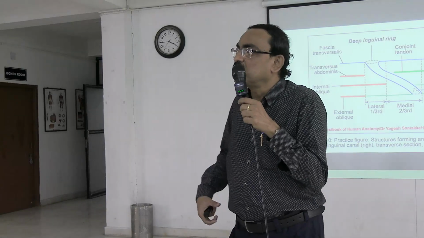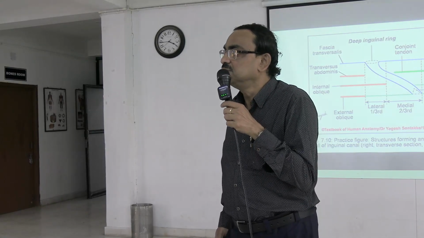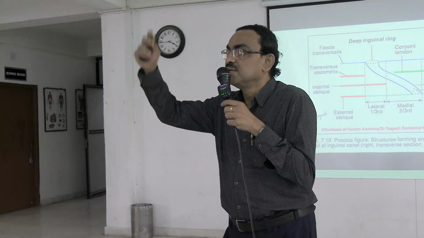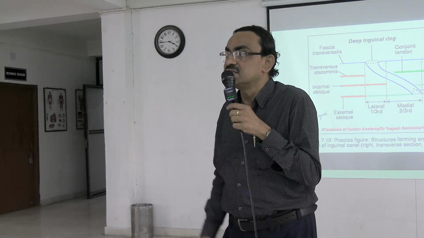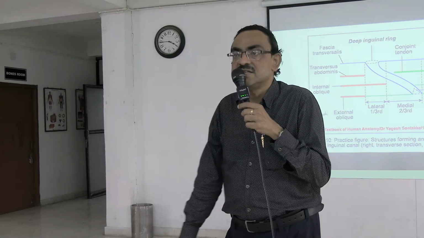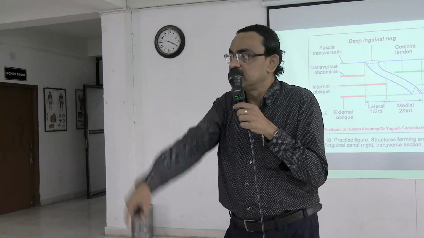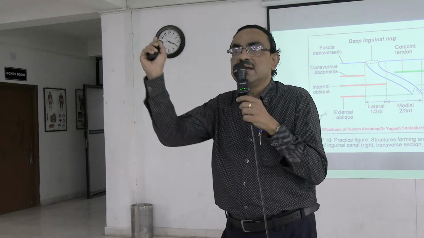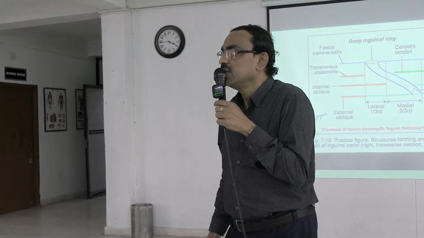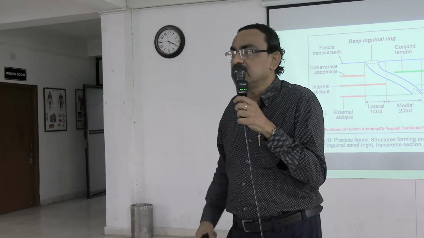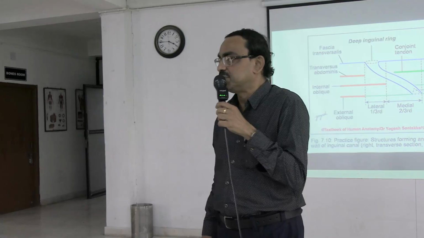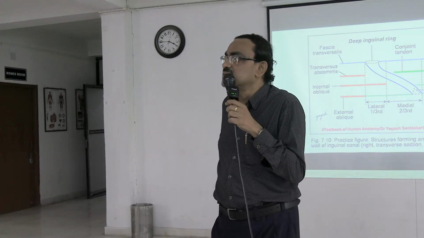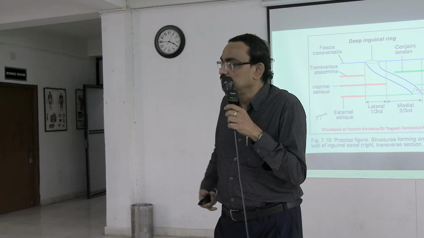And what are the constituents of the spermatic cord? When it is dragging the testis, along with the vas deferens, we will get the vas deferens, the testicular artery, the testicular veins, and the nerves, that is the sympathetic and parasympathetic nerves supplying the testis, which come from the T10 segment of the spinal cord.